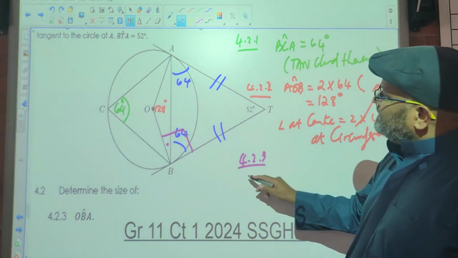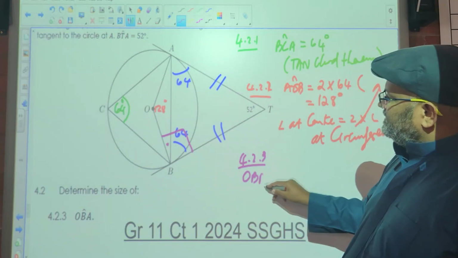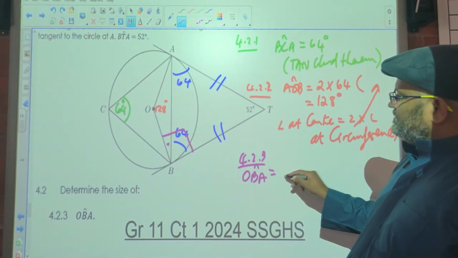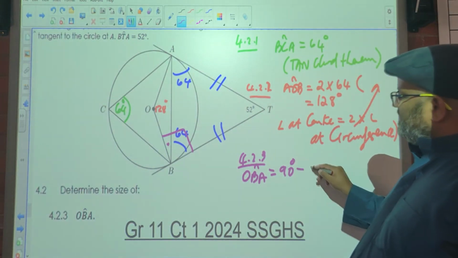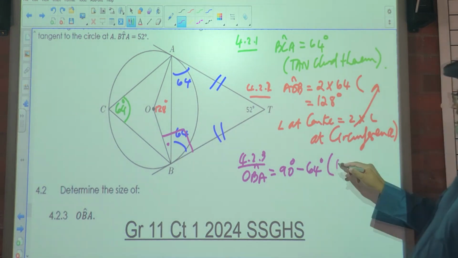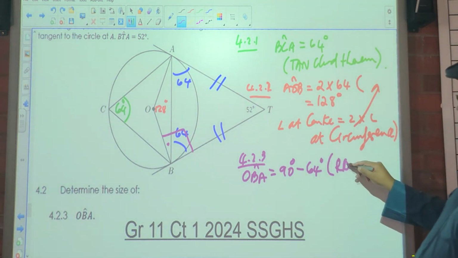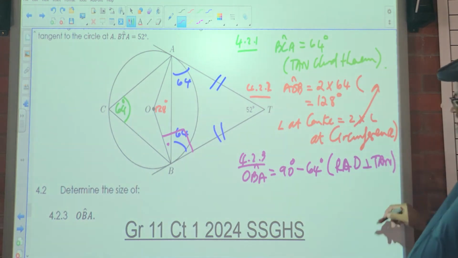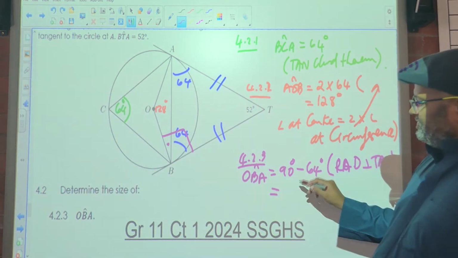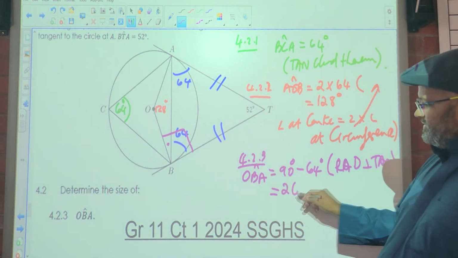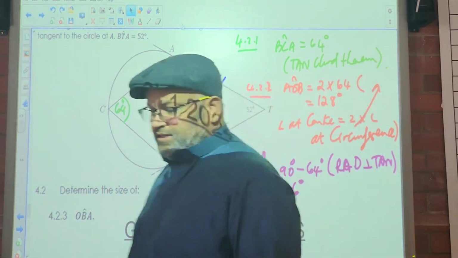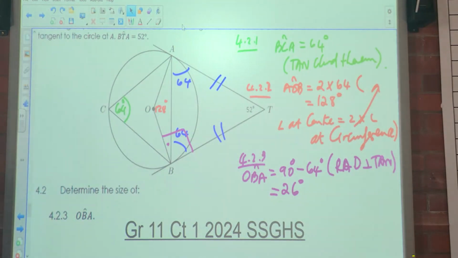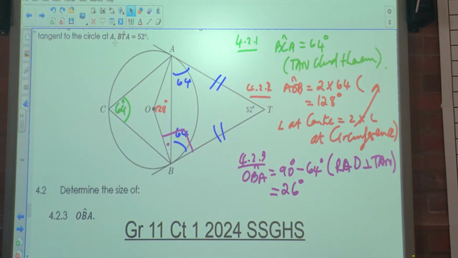So what do I say? That OBA is equal to 90 degrees minus 64 degrees. Why? Radius perpendicular to tangent. So I give you an answer of 26 degrees. Any confusion there?